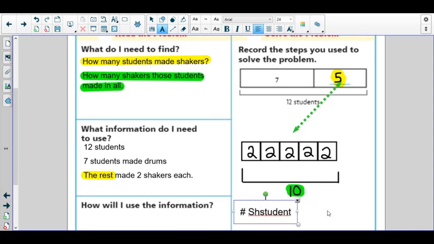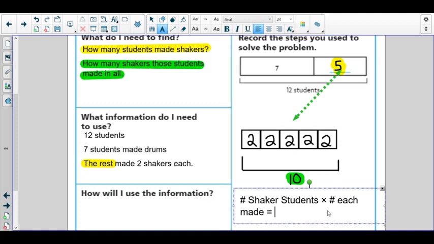How many shaker students, and we were going to multiply that by the number each made, and that total is going to be the total shakers.